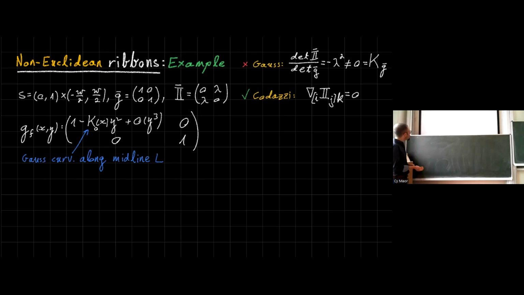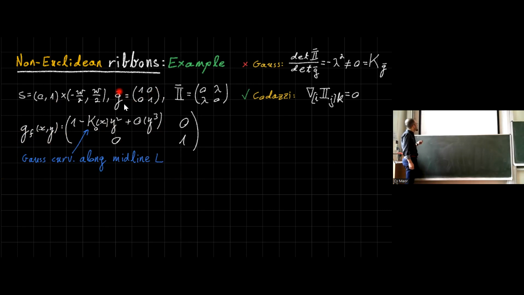And now you can show that in this case, the optimal way, if you want to find the optimal solution for a configuration, would have the following first fundamental form.